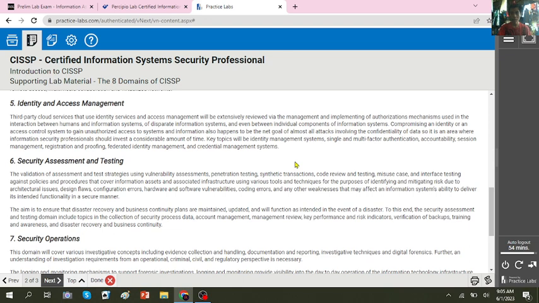Compromising an identity or an access control system to gain unauthorized access to systems and information also happens to be the goal of almost all attacks involving the confidentiality of data. So it is an area where information security professionals should invest a considerable amount of time.